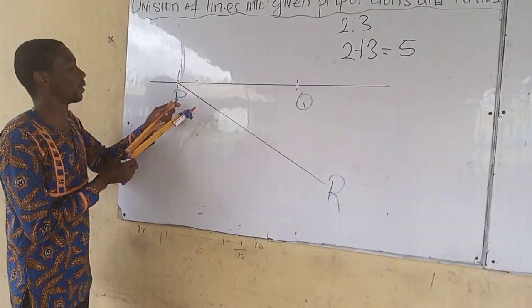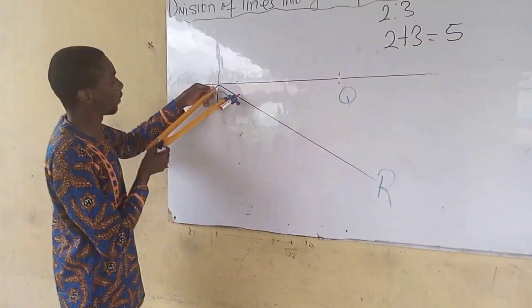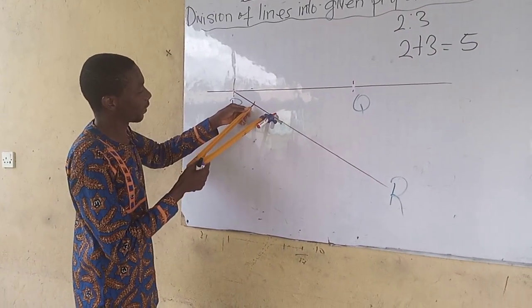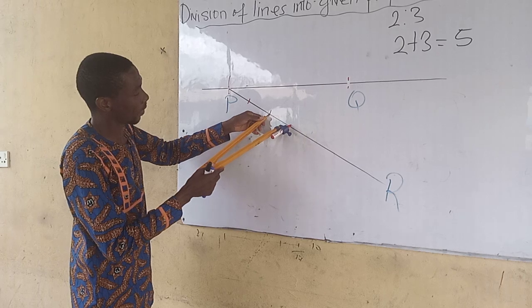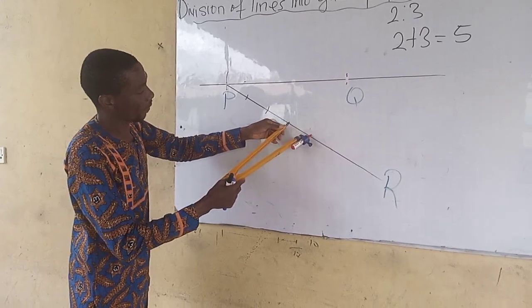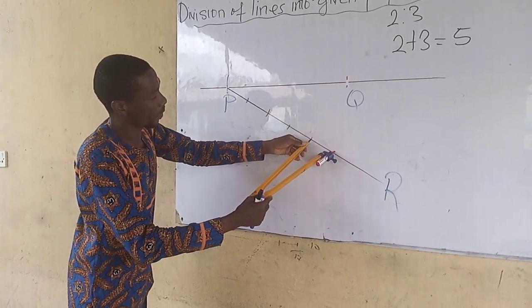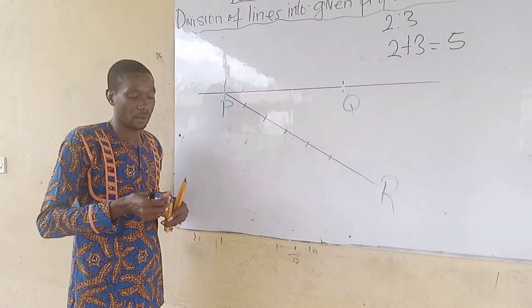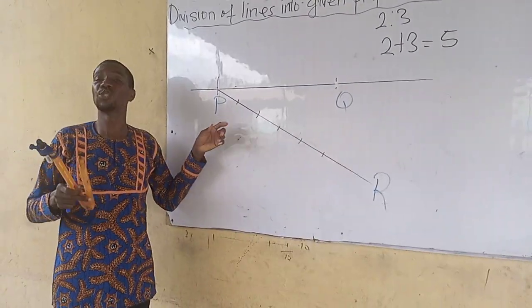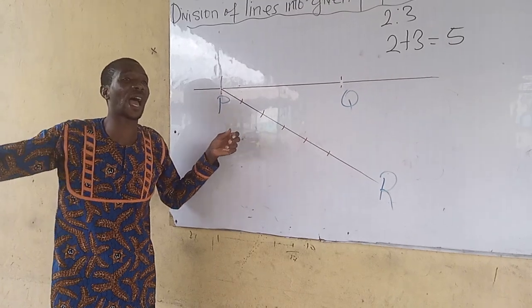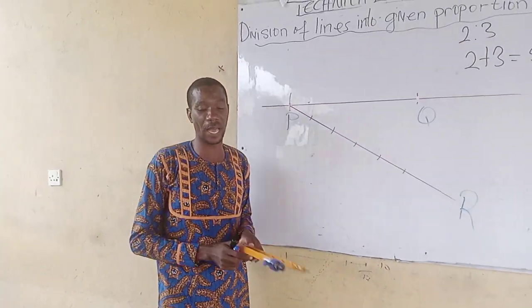So let's have our divisions done. 1, 2, 3, 4, 5. Wonderful. Please don't measure with the baseline.